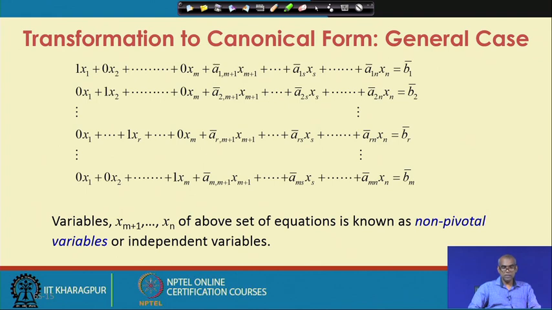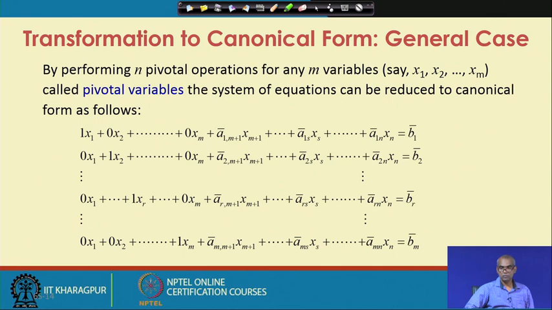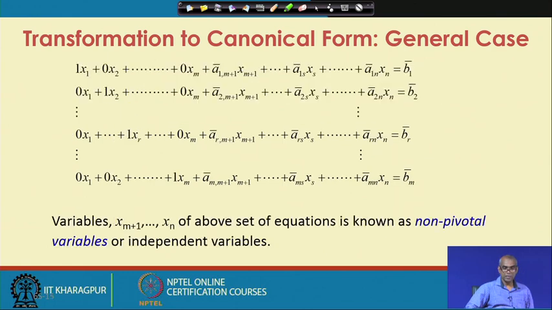The variables x m plus 1 to x n of the above set of equations is known as non-pivotal variables or independent variables. So, x 1 to x m are pivotal variables and x m plus 1 to x n are non-pivotal or independent variables.